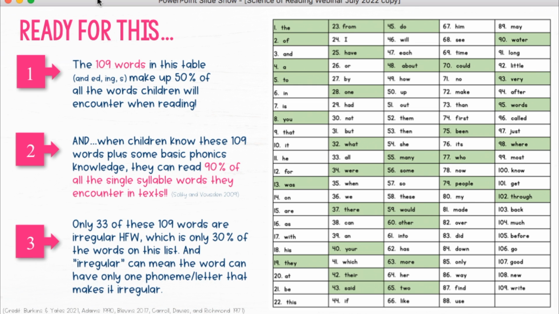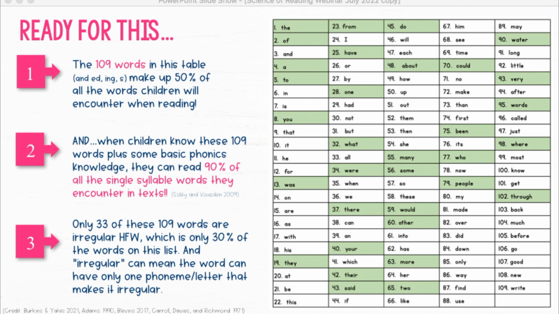Additionally, 33 of these 109 words are irregular. Only 33 of them. That means the rest of them are completely phonetic and decodable. They're not irregular. So only 30% of these 109 words are irregular. That's it.